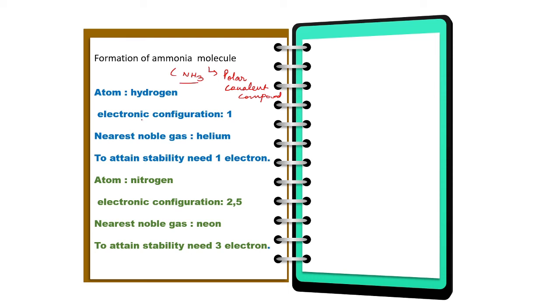Okay, so here you can see that we have two different kinds of combining atoms, hydrogen and nitrogen. So let us draw them. You need 3 hydrogen and 1 nitrogen. So I am placing nitrogen at the center and hydrogen at 3 different corners. Hydrogen has 1 valence electron and nitrogen has 5 valence electrons.